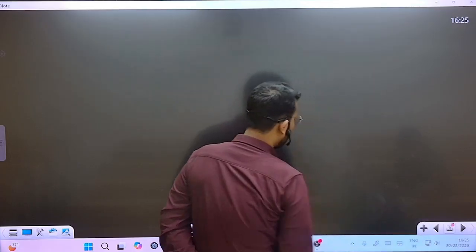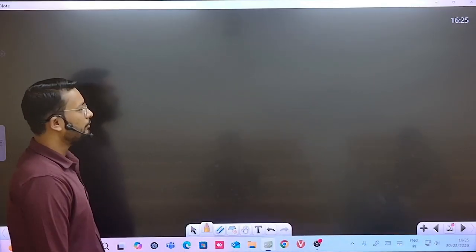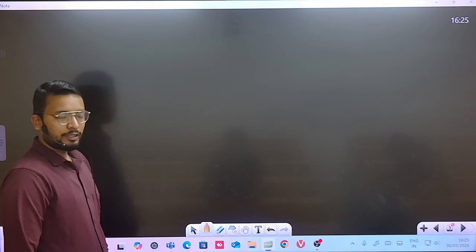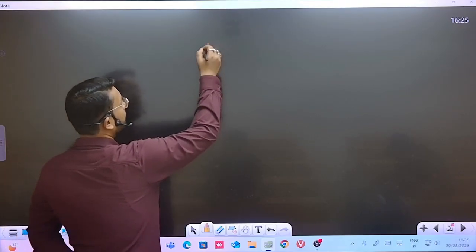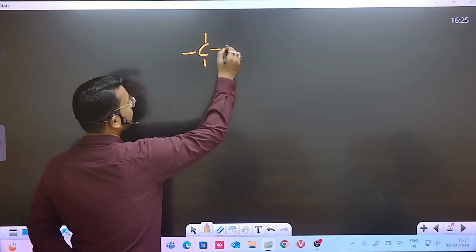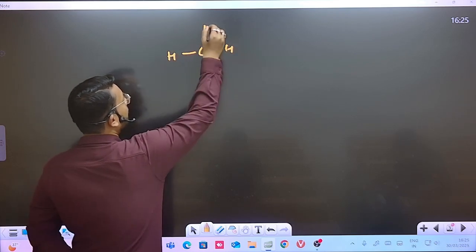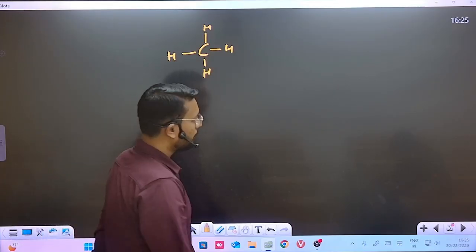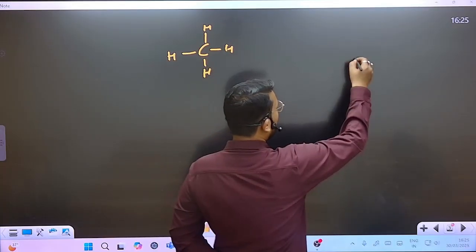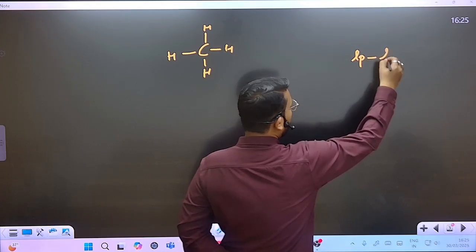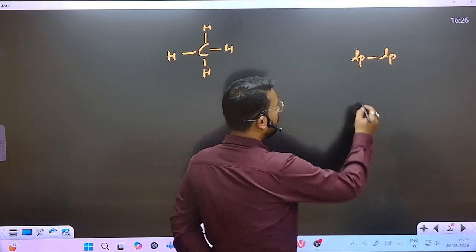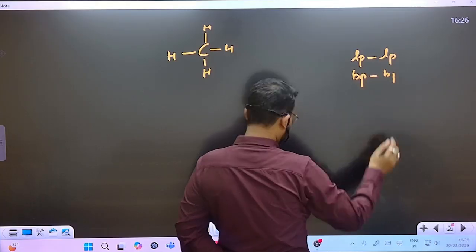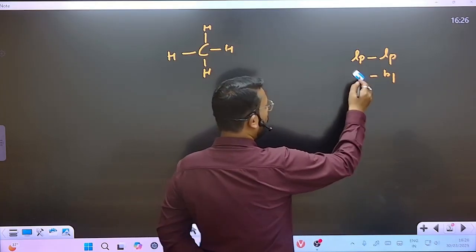Let's move forward. Now, how will be the geometry of the structure made by the CH4 molecule? We all know there is repulsion between lone pair and lone pair, which is maximum. Then it is lone pair and bond pair.